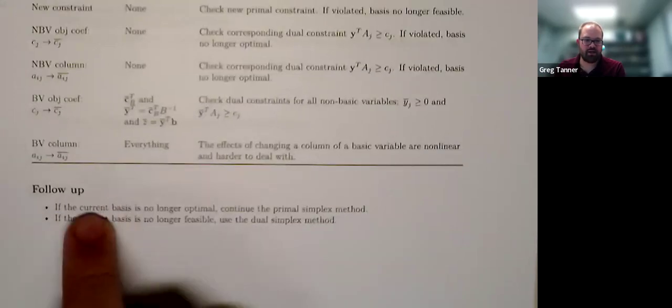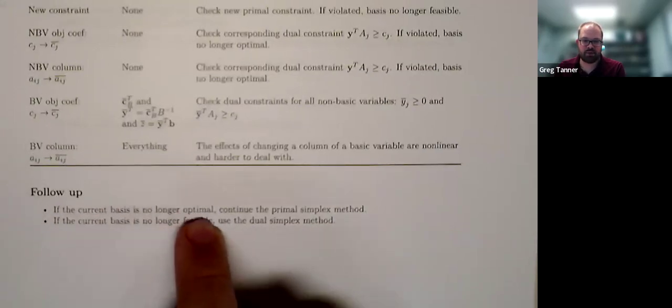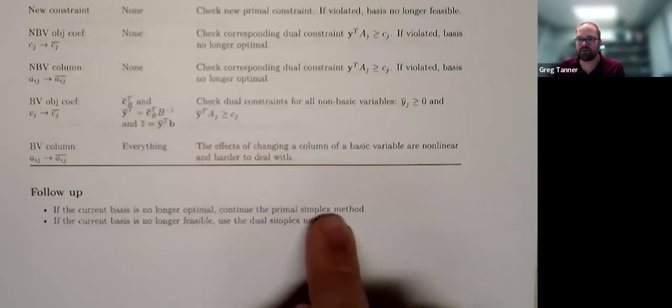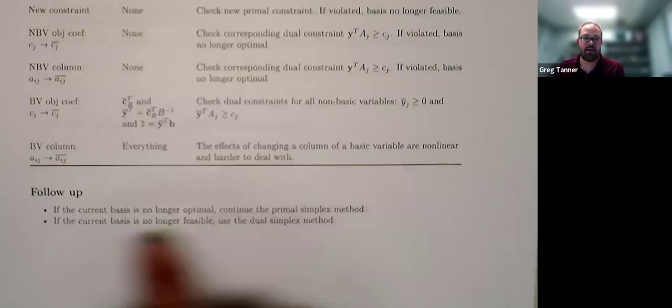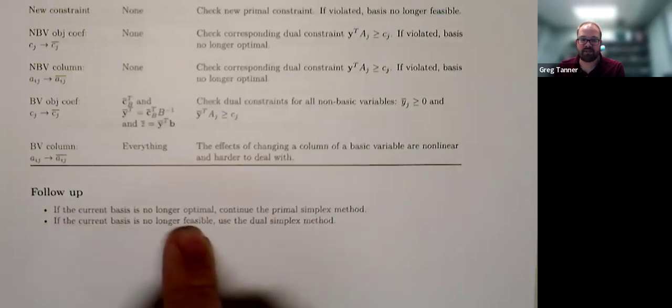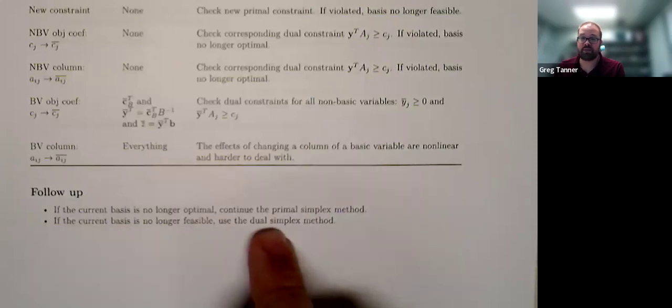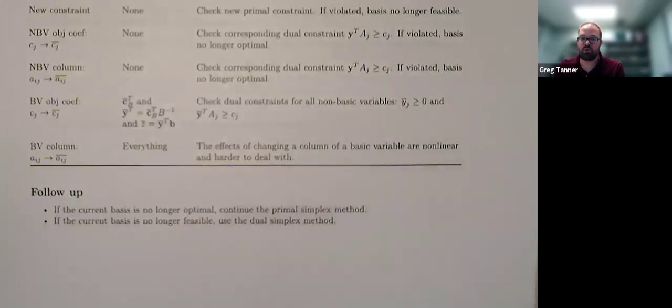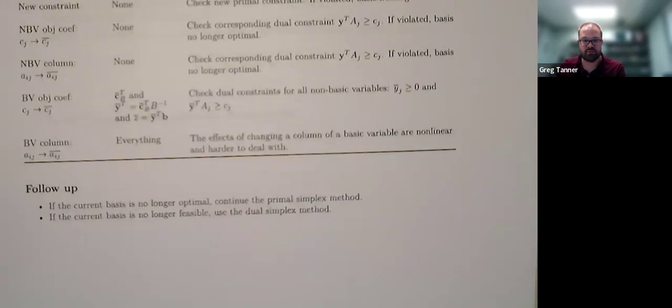Follow up. If the current basis is no longer optimal, continue with the primal simplex method. Keep moving towards optimality. If the current basis is no longer feasible, use the dual simplex method to move. So you're going to be starting off dual feasible, but you're going to move towards dual optimality, which will bring you to primal feasibility.